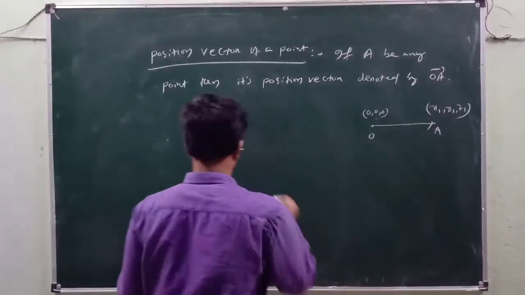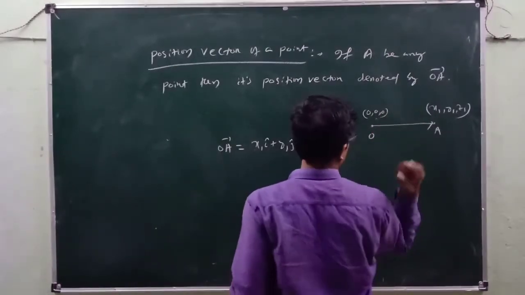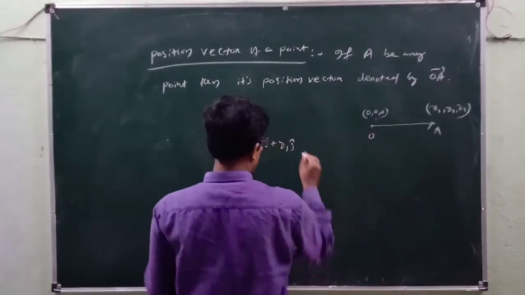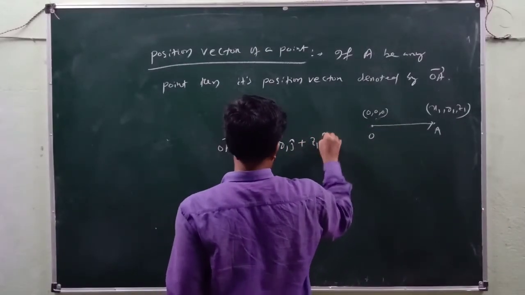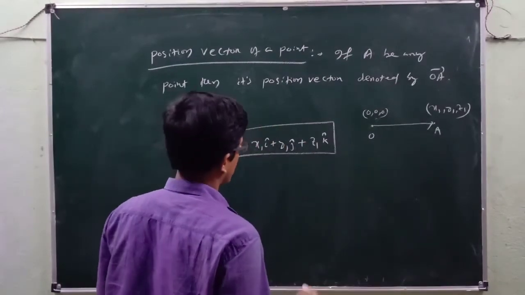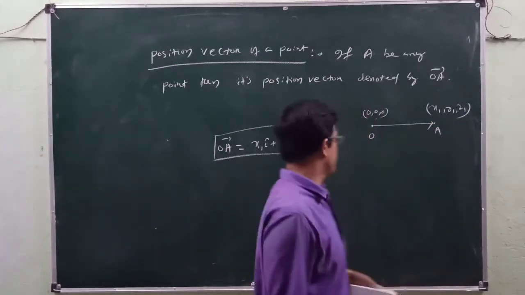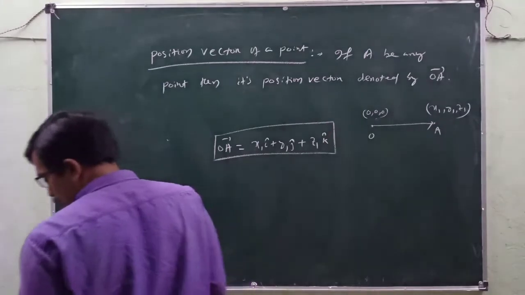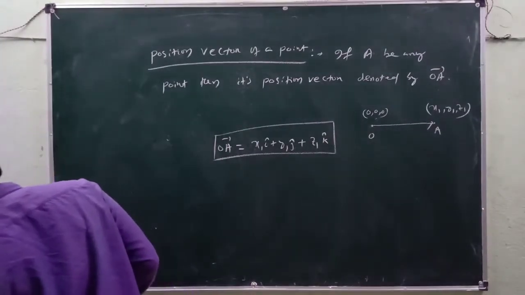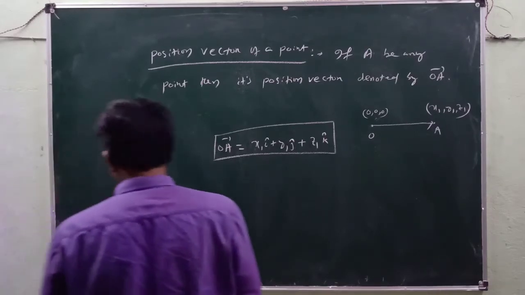It will be x1 i cap plus y1 j cap plus z1 k cap, because x1 minus 0 is x1, y1 minus 0 is y1, and z1 minus 0 is z1. This will be the position vector of any point whose coordinate is (x1, y1, z1). After completing the position vector, you find the algebra of vectors.